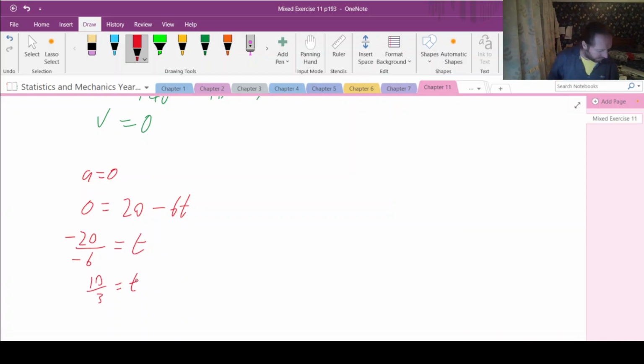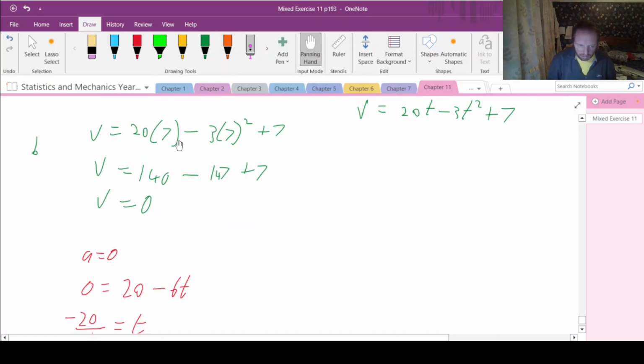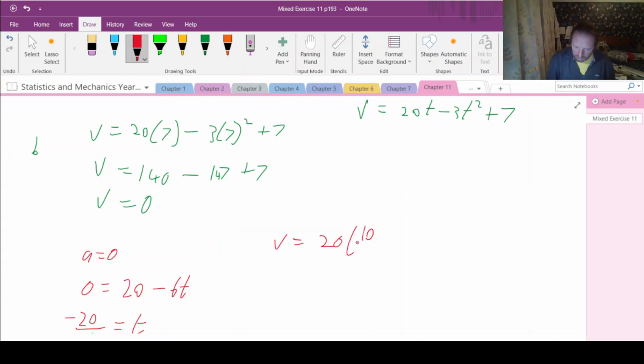And what were we looking for here? We were looking for the greatest velocity. So t is like 3.3. If we put 10 over 3 into the velocity equation, velocity equals 20 times 10 over 3, minus 3 times 10 over 3 squared, plus 7.